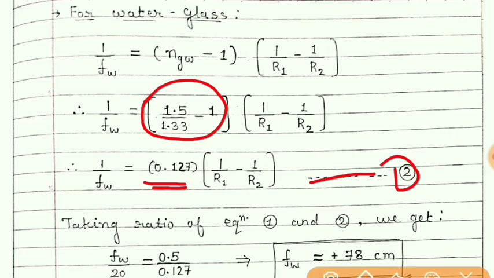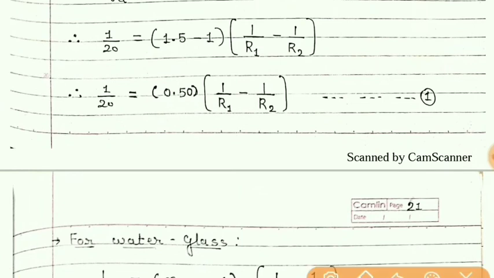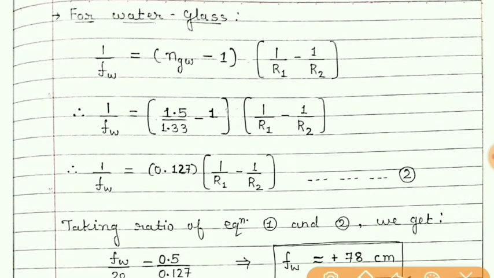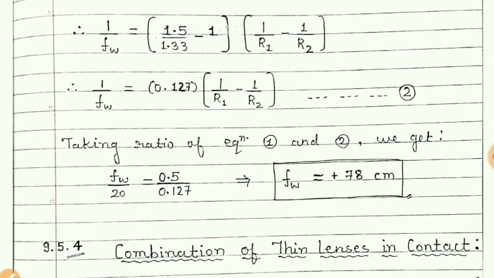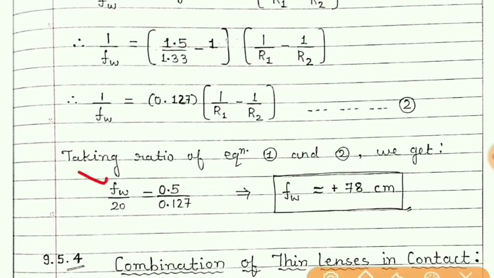Now we have to simply take the ratio of equation number 1 and 2. This equation 1 and this equation 2. Now students, in both the equation this is common, so they will cancel out, and when you will take the ratio, you will find Fw upon 20 is equal to 0.5 upon 0.127.